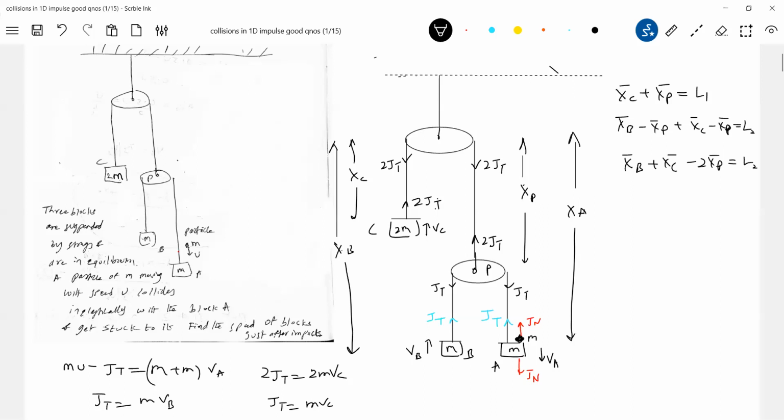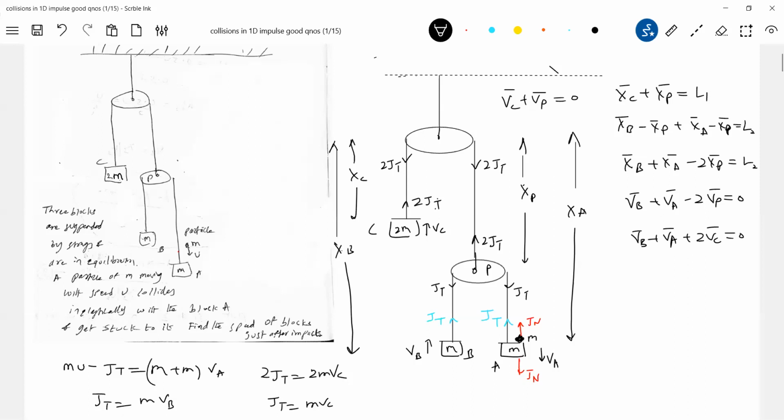Let me differentiate this. If I differentiate the first, VC plus VP equals 0. If I differentiate this, VB plus VC minus 2VP equals 0. Let me substitute that. This is A, XA, so VB plus VA plus 2VC equals 0.